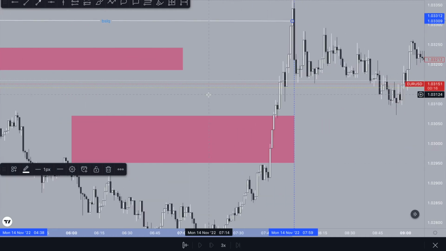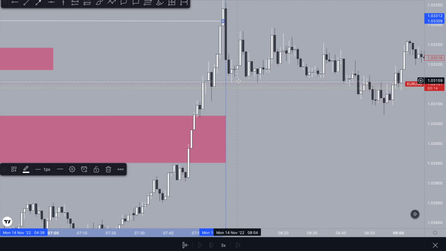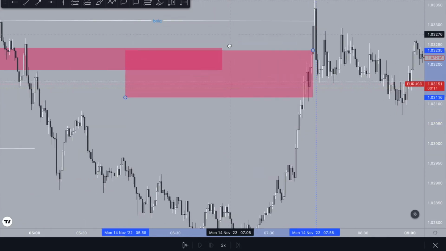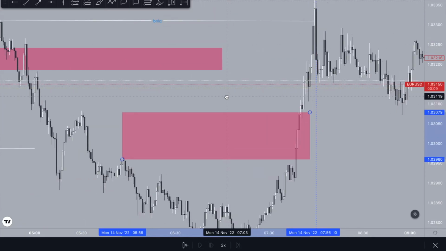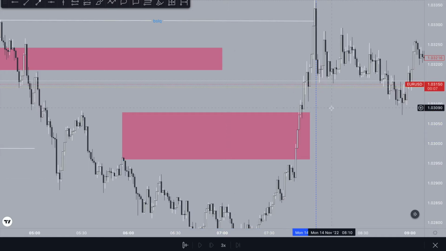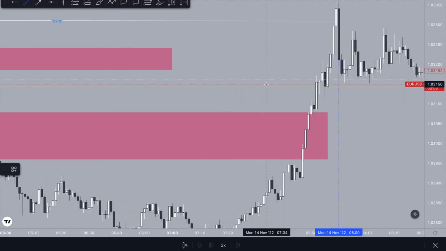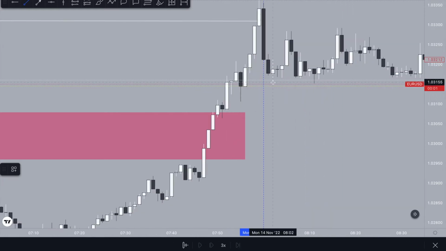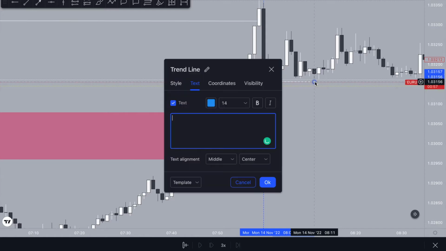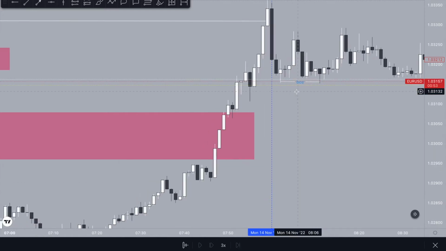Then we have our break of market structure at this area, broken by this. And then we can see here, this will be our fair value gap in this area.